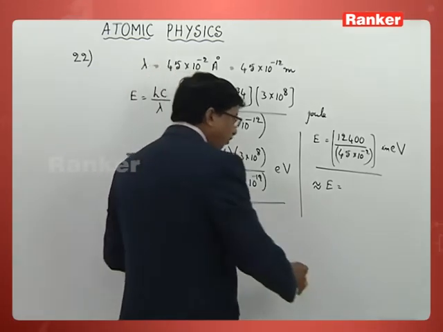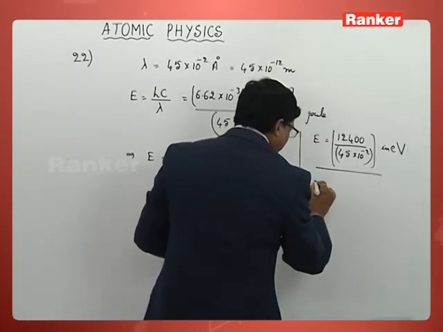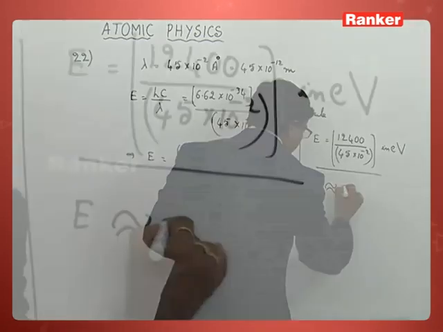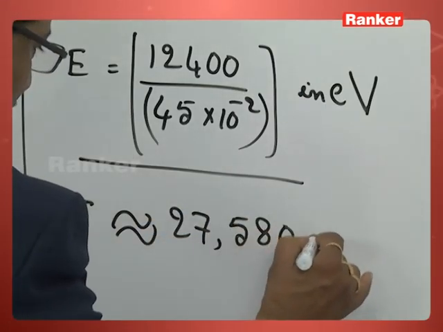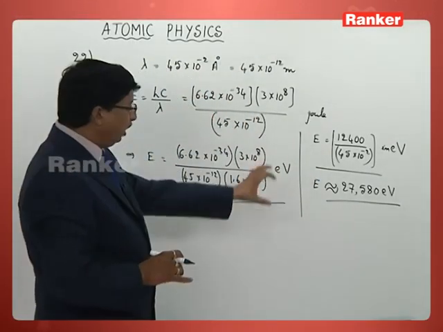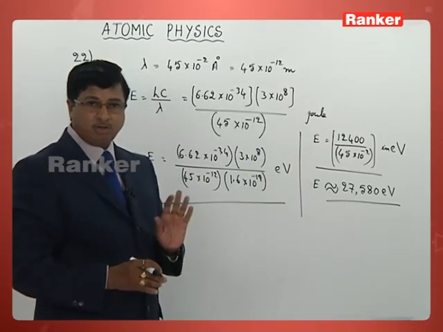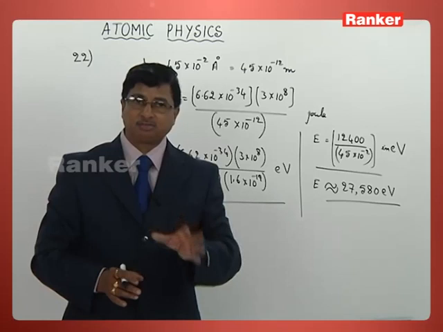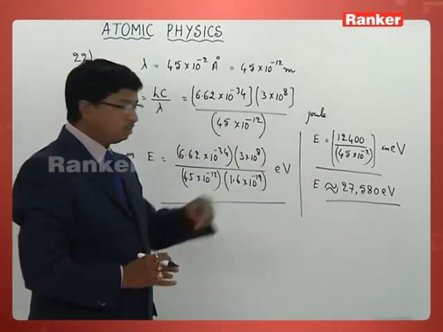So, what will you get now in this case? This energy E is nearly equal to 27,580 electron volt. So, you can pick up the nearby answer. No need for you to waste much of your time calculating till the last. Directly you can adopt this shortcut method.